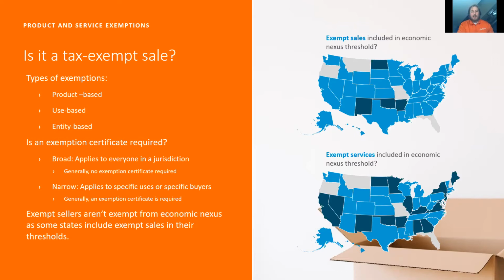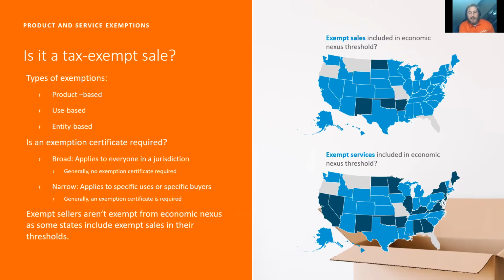Are they some sort of school or university? That can also create an exemption or make the sale non-taxable. So understanding if an exemption certificate needs to be applied or if the product itself is just non-taxable. Those are kind of some of the complexities that you have to navigate as you sell and as your nexus obligations increase.